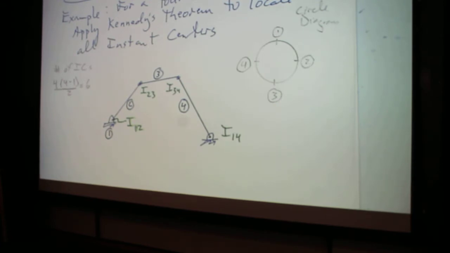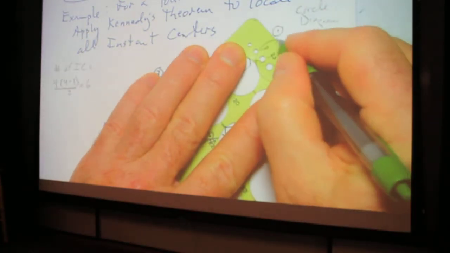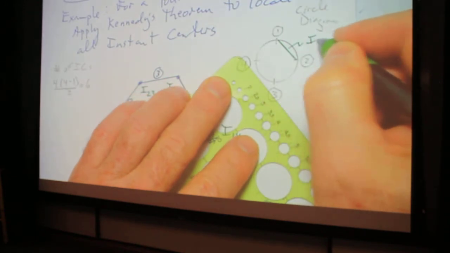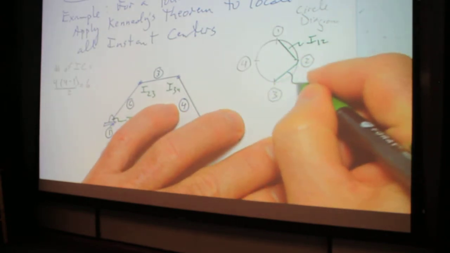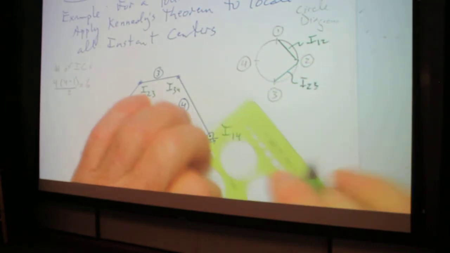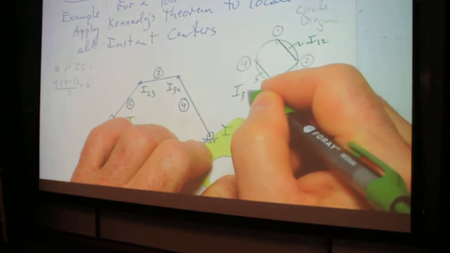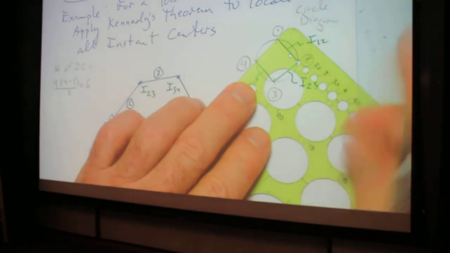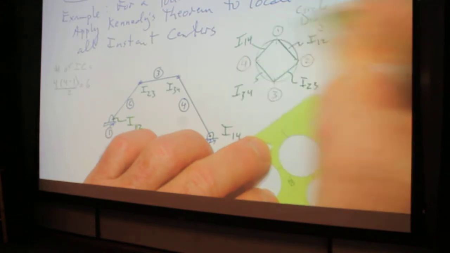And then whenever we find an instance center, we make that line solid. We join the line between them. So this line right here represents I12. This one here, I23. I34. I14. Okay.